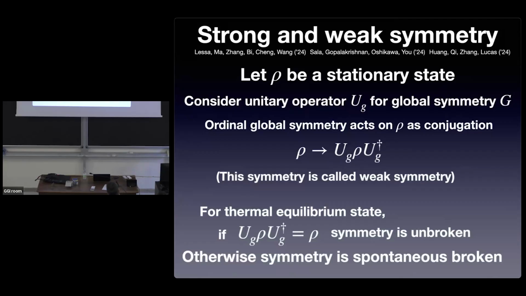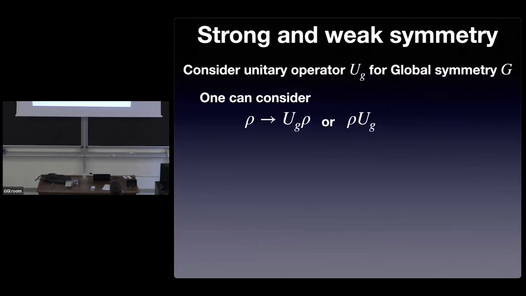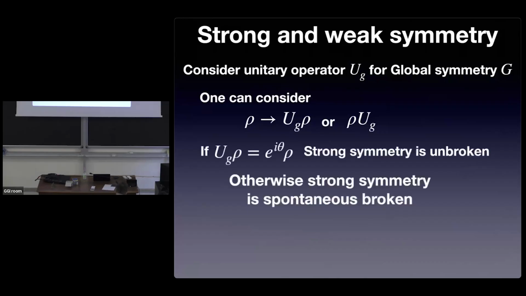Now we want to consider another type of transformation, called the strong symmetry. Since the density operator can be transformed from the left or the right, you can consider this kind of transformation. If the state is proportional to just a phase, then in this case we say the strong symmetry is unbroken.